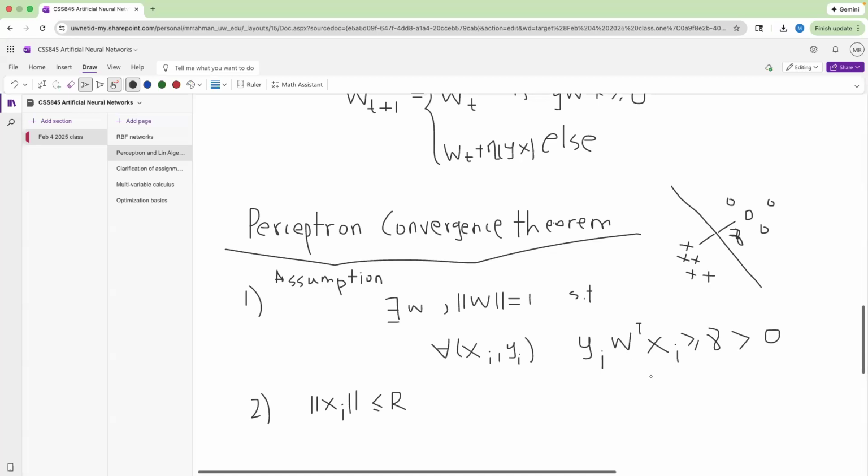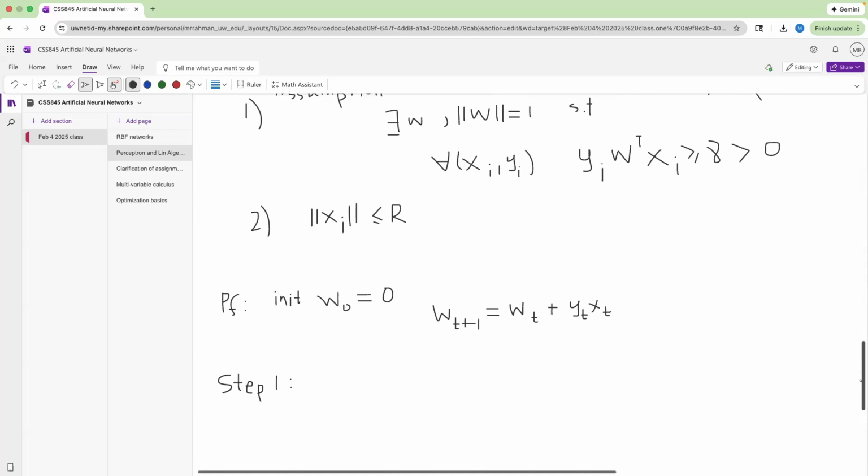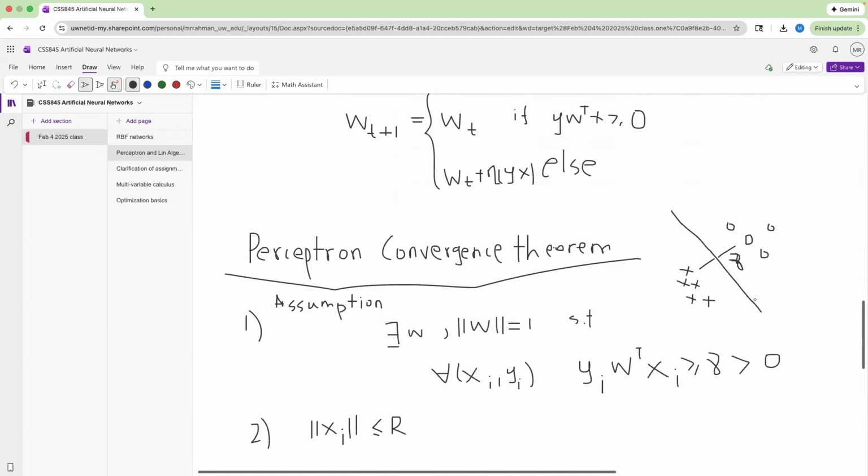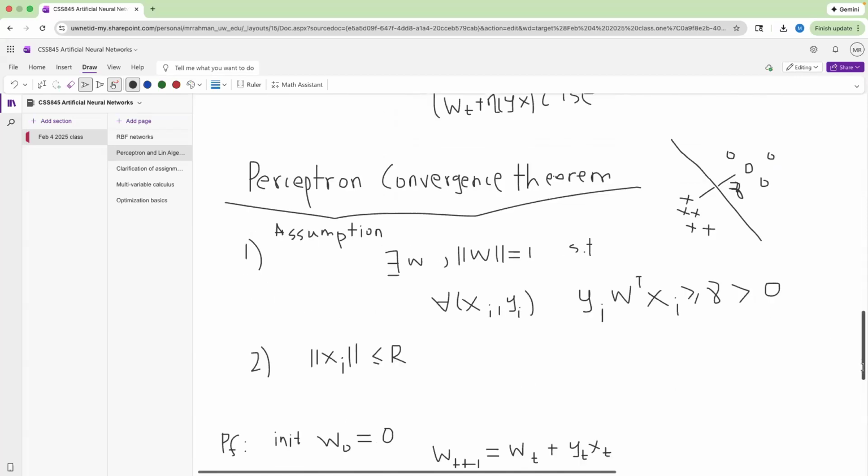It classifies everything correctly. So what we want to show is that if we start with an arbitrary weight like the 0 vector, we are going to make only a finite number of mistakes until we actually converge to this weight vector, which correctly classifies the points, right?